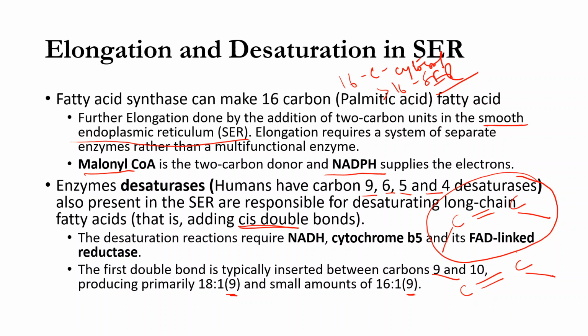And the desaturation is done by many enzymes and other components like NADH, cytochrome B5, and FAD-linked reductases. Therefore, since our body can make double bonds only at these locations, there are certain fatty acids that become essential.